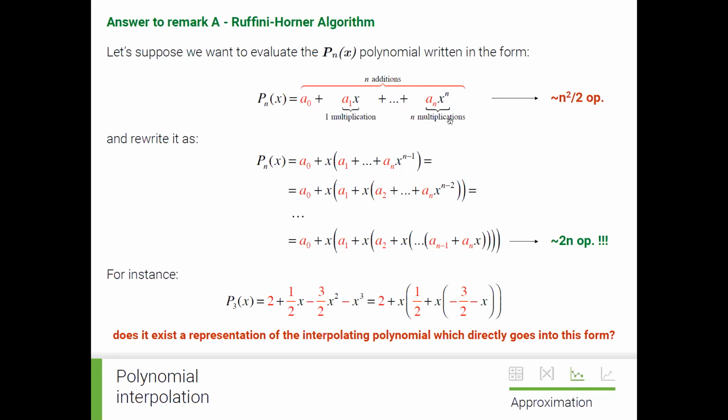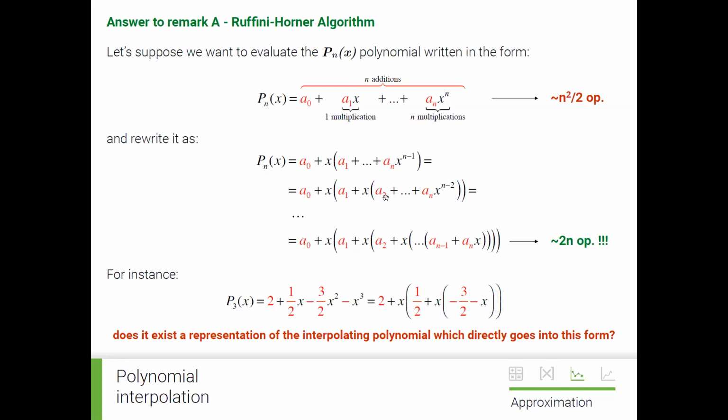But we can rewrite this polynomial in this form. Pn of x is a0 plus x times, we can factor out x, you can see, a1 plus a2 x, etc., plus an x to the power n minus 1. And similarly, we can continue this operation and again factor out x.